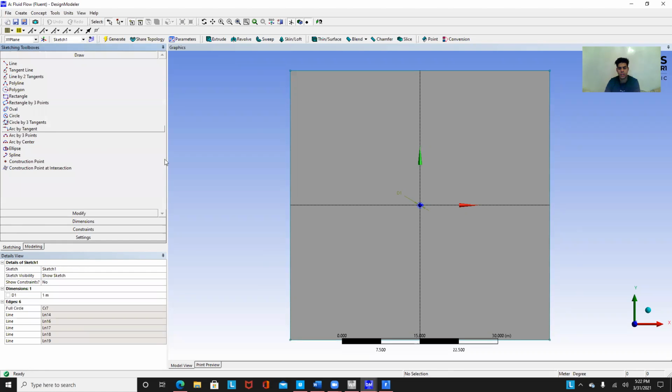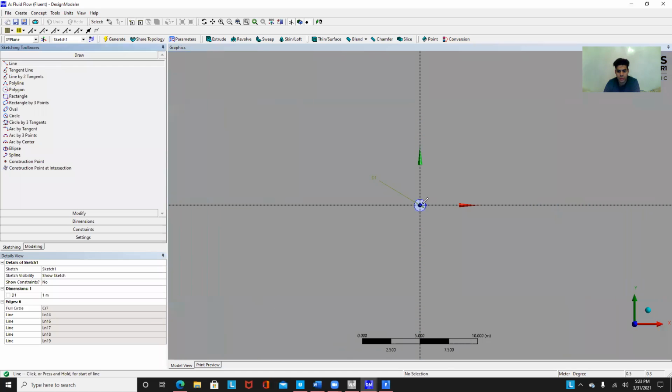I want to show my sketching. I use this line properly over here to draw 4 lines and a small circle of diameter 1 meter.